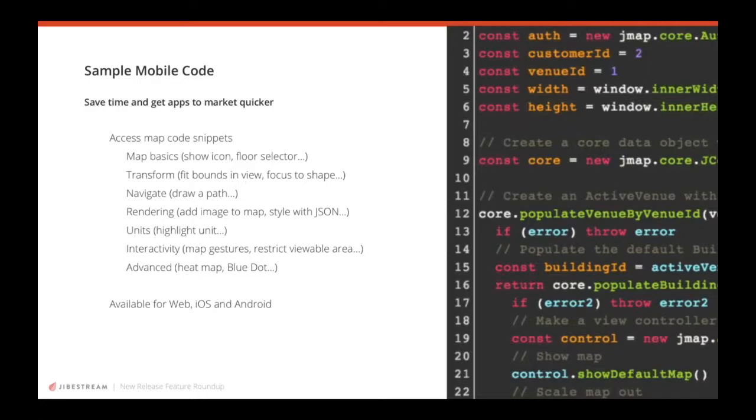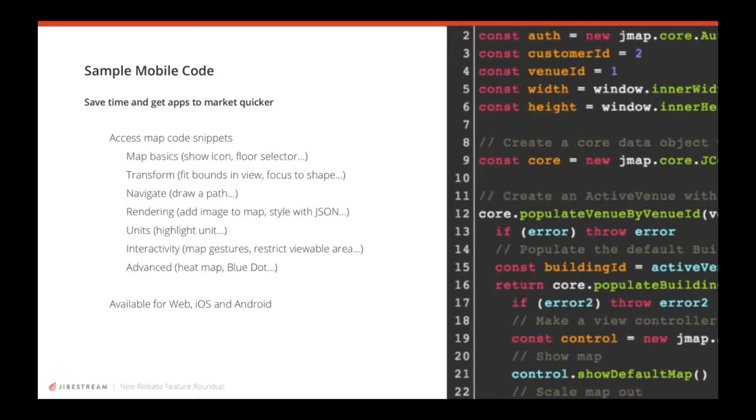And the third thing we provide is sample mobile code. It's kind of our take on a fiddle. I don't know if any of you have ever used a JS fiddle, but essentially it's code that's available in the browser and allows you to modify it right in the browser for testing. I'm going to show you how we did that and the fact that we've added iOS and Android as well.